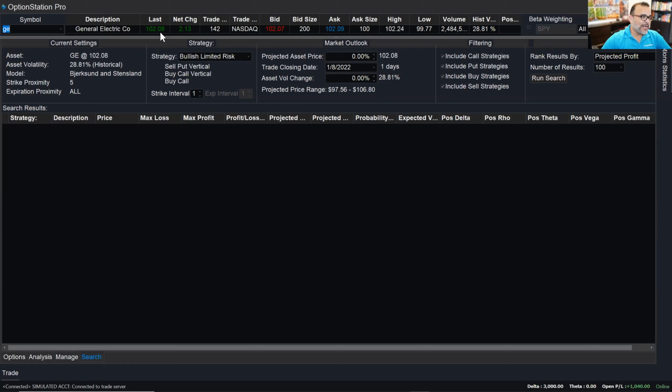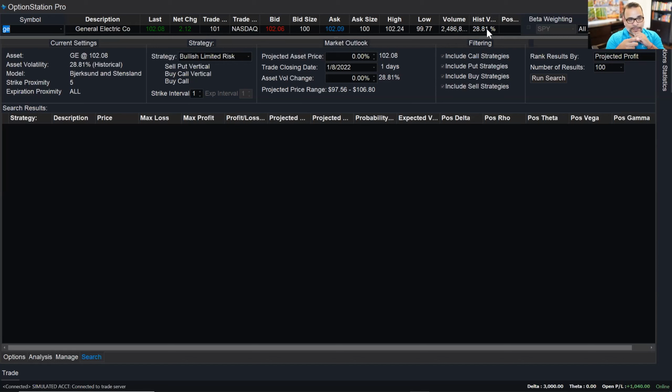So before we use the search, let's talk briefly about some of the things you can find here in Optionstation Pro. At the very top, we have information on General Electric. A couple of things that I like to look at all times, even when I'm doing a search, is historical volatility.